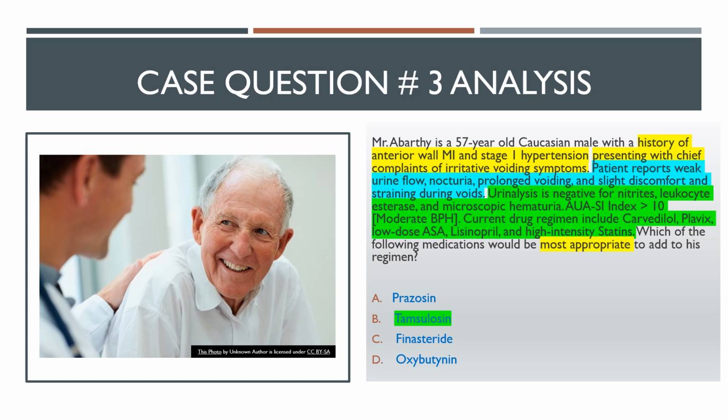The premise of the question is for the test taker to determine what is the best medication to give in the situation of moderate bothersome BPH.